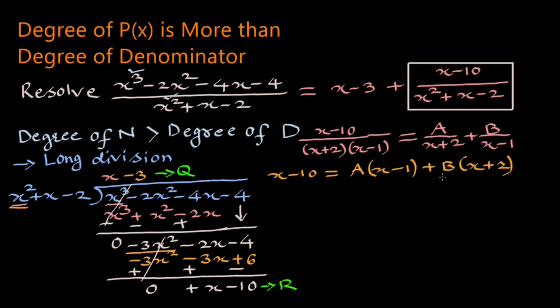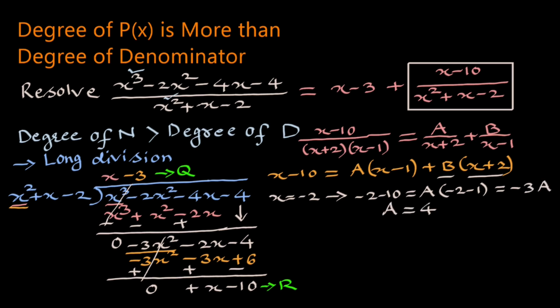In order to eliminate b, we will put x equals minus 2. So that gives minus 2 minus 10 equals a into minus 2 minus 1, minus 3a. So a will be 4. Next, to eliminate a, we will put x equals 1.